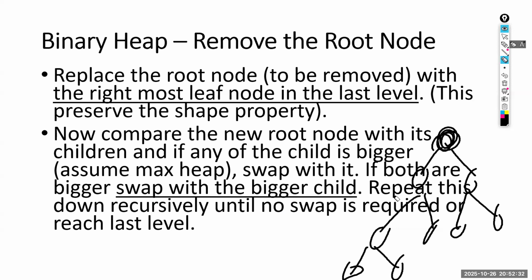Then you keep taking data from the root, and the final result is that you have received your data in sorted order. If it is a max heap, you get the data in descending order. If it is a min heap, you get the data in ascending order. Because the purpose of a binary heap is to sort your data.